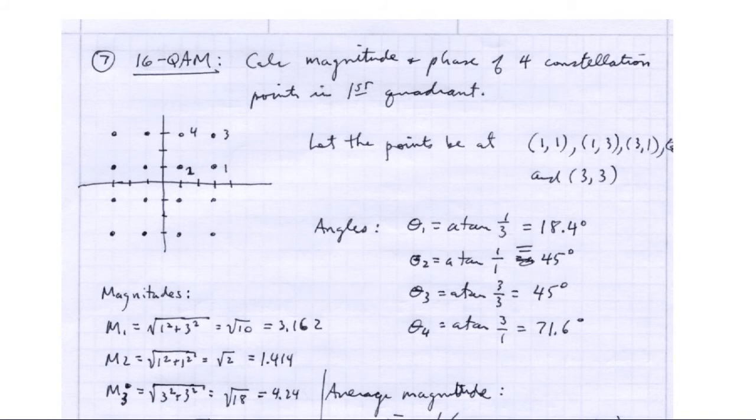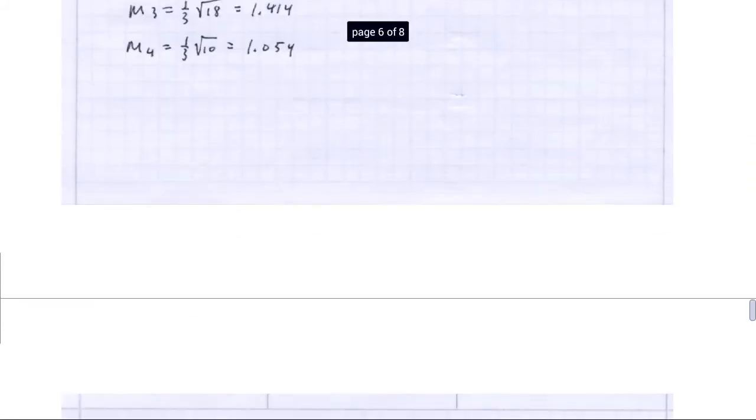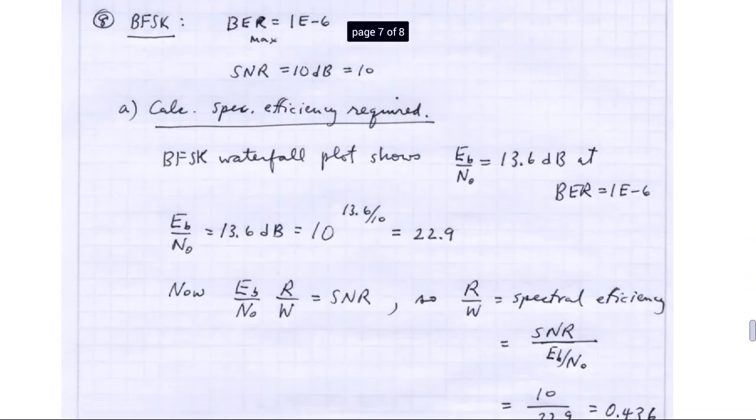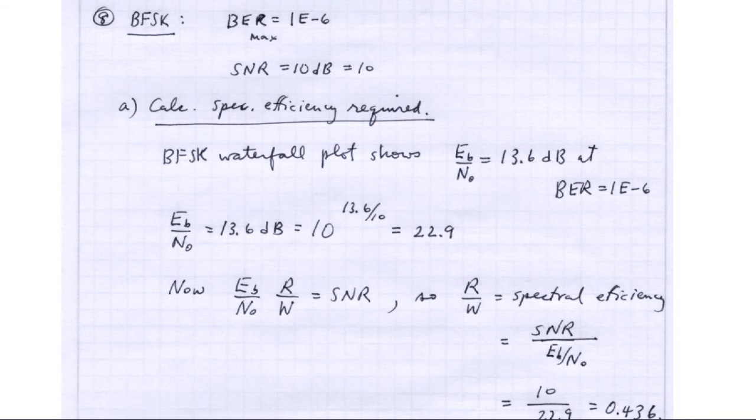Here we have a BFSK system, and our maximum acceptable bit error rate is 10 to the minus 6. The SNR is 10 dB, which is 10 as a ratio. What we're going to do for part A is calculate the spectral efficiency required to get this bit error rate. And what we're going to do is look up on the waterfall plot in the text the value 10 to the minus 6 on the vertical and read off.